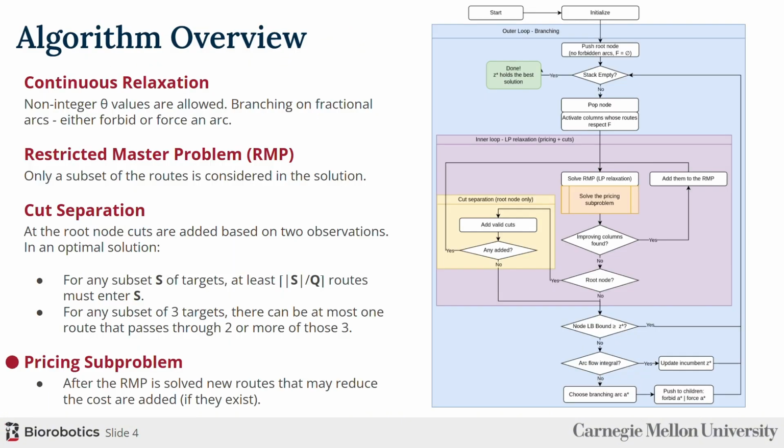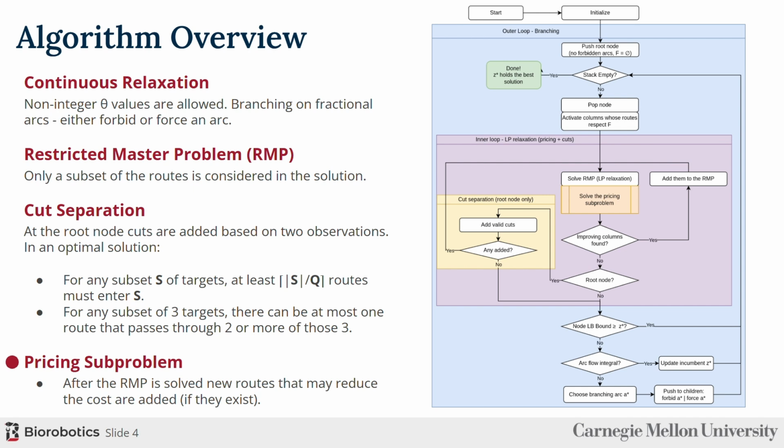Here's the structure. On the outside is branch and bound. We relax integrality, and when the solution has a fractional arc, we branch. One child forbids the arc, and the other forces it. Inside each node, we solve the linear relaxation by column generation. We keep a restricted master problem with only a subset of routes, solve it, get dual prices, and then ask a subproblem whether any routes outside that set would improve the solution.